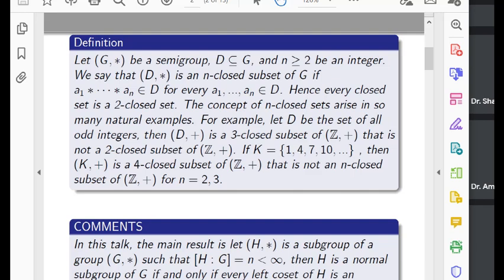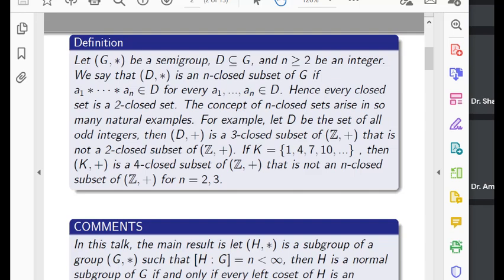Whenever I select n elements in D, then, if you want to call the operation on the group star, this star depends on the group, it could be addition, multiplication, or something you define, then a1 star up to an lives in D.